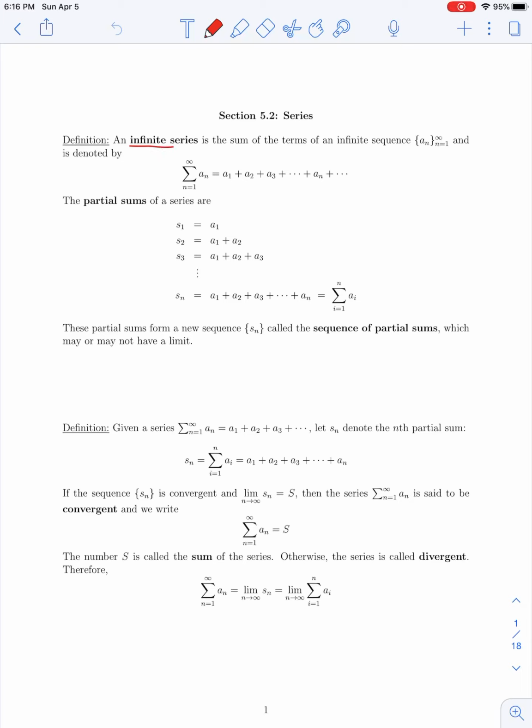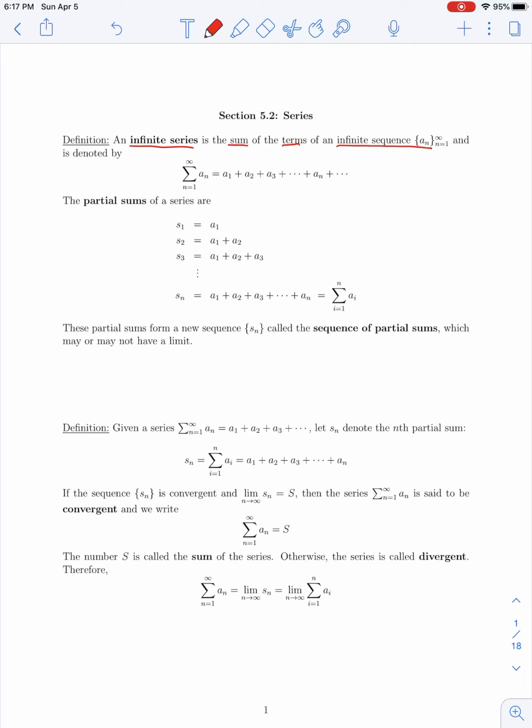We would say that an infinite series is the sum of the terms in an infinite sequence a(n) as n ranges from 1 to infinity. In our last section, 5.1, we defined infinite sequences as an ordered list of numbers, and an infinite series is now the sum of those infinitely many terms.